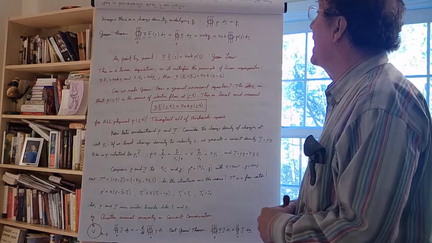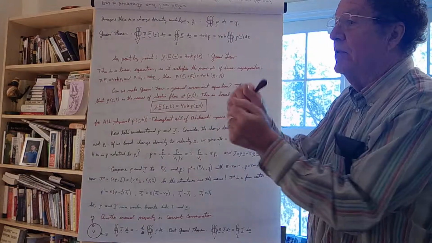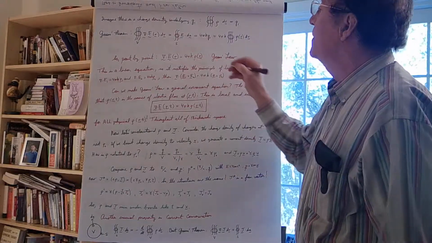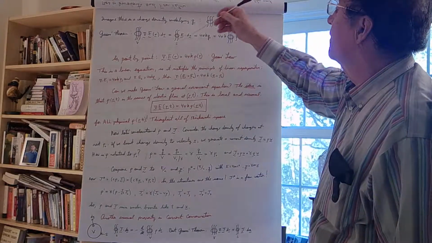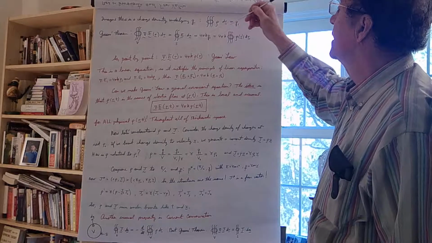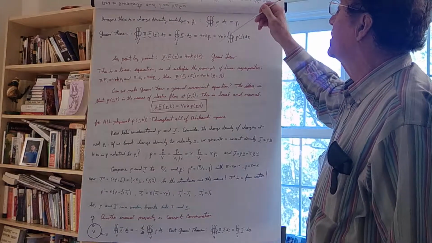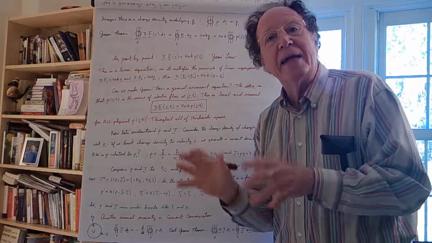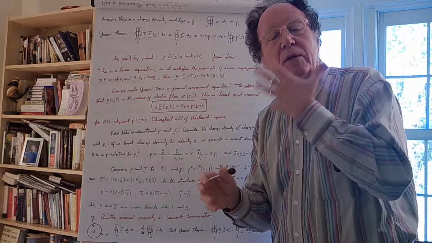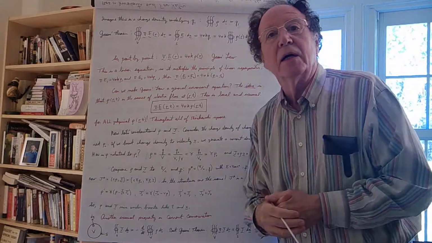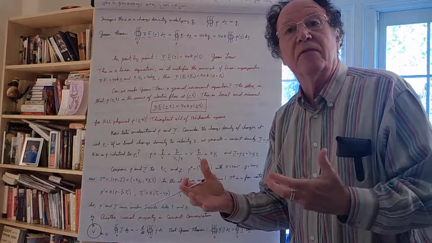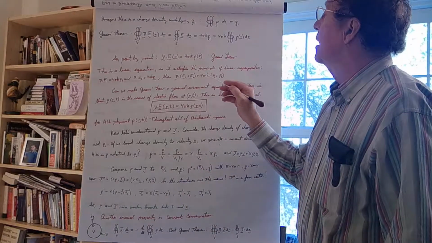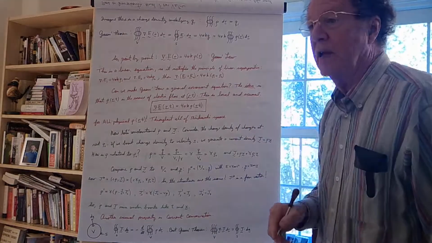If it's going to be true for any volume at all, I can take them small, distort them, I can pinpoint the origin. It has to be true point by point. And so the divergence of the electric field is 4 pi k times the charge density. We always have that 4 pi k in there, but when I speak, I'll just say that the charge density makes an electric field, and by that I mean rho is proportional to the divergence of the electric field.